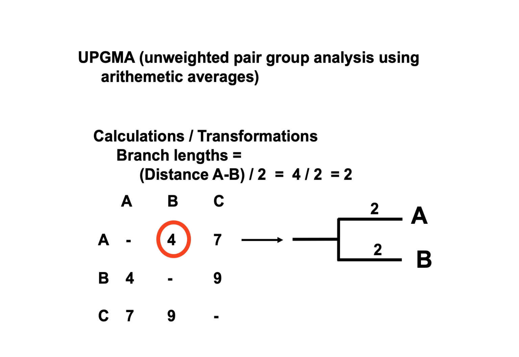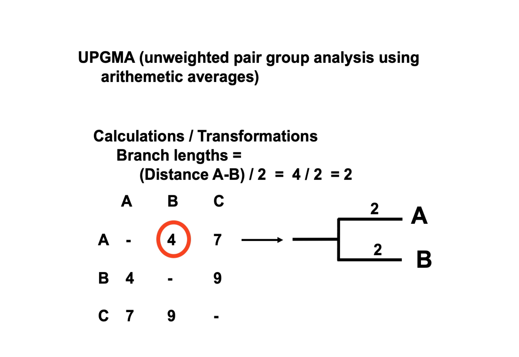So this first numerical method is called UPGMA, which is unweighted pair group method using arithmetic averages. What is done is you take each one of those distances from A to B, B to C, etc., and you come out with an arithmetic mean for the two branches from that.